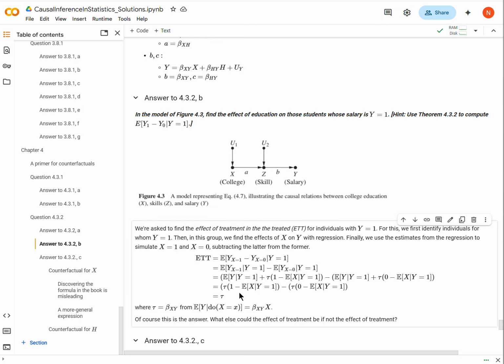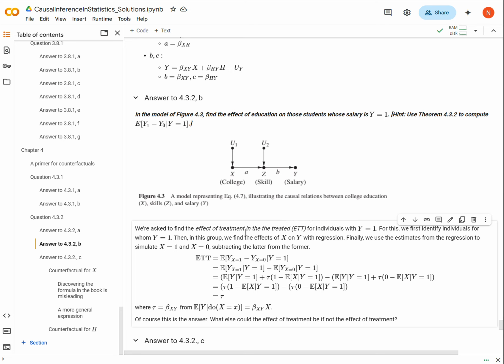Here we're just going to blindly apply that. Roughly, we're being asked to find all individuals for whom Y equals 1. This is the abduction stage, if you're following the rules in the book.